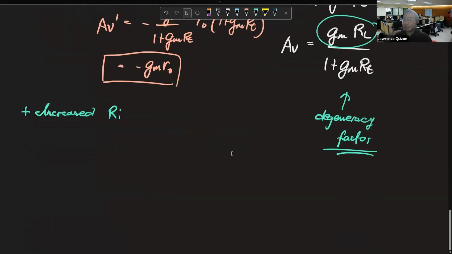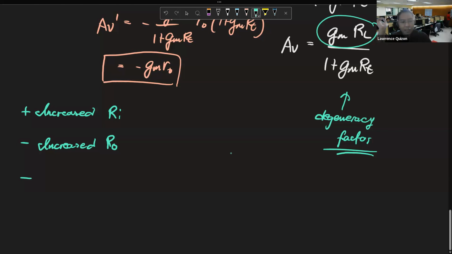An increased Rn is good kasi mas mababa yung loading sa input. Kaso, it also increased R out, no? Which is not so good. Kasi you'll be loading the next stage, no? Kung 50 ohm speaker yung next stage mo, that's bad, right?